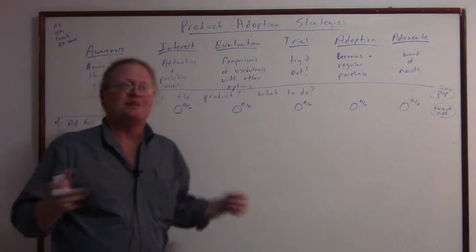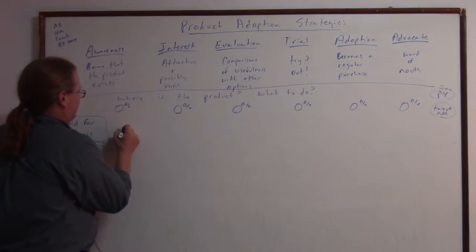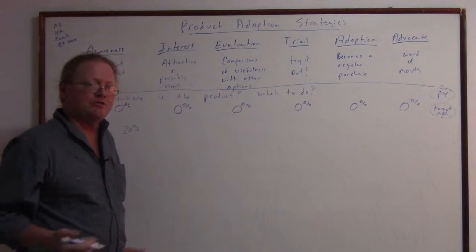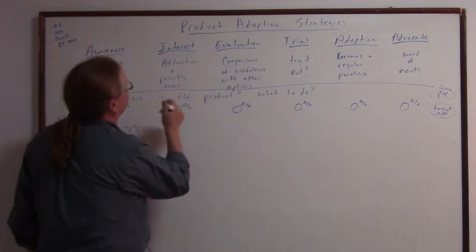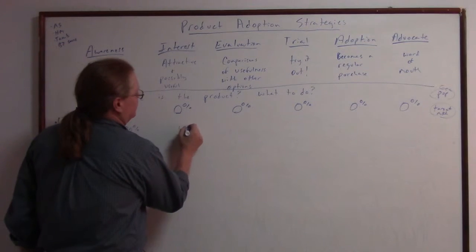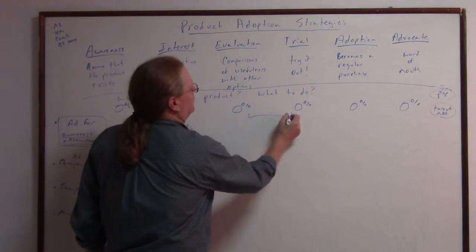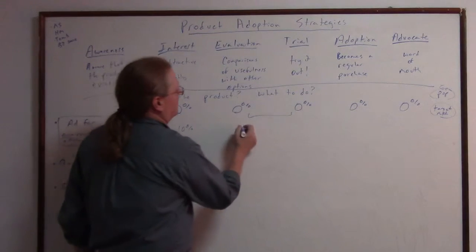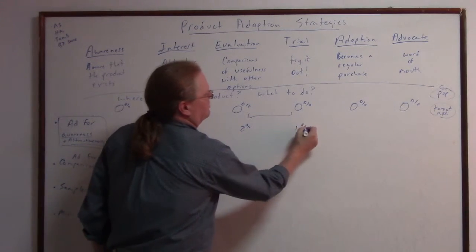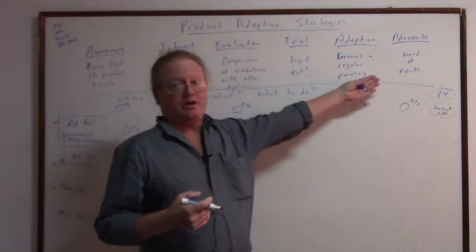I'm not saying nobody, I'm just saying some people. You might get 20% of the people aware of your product. Then, out of the 20%, 10% might actually be interested in it. And somewhere around the evaluation and trial area, you might get, say, 2% and then 1%. You might do a great ad that just, everybody goes over here.